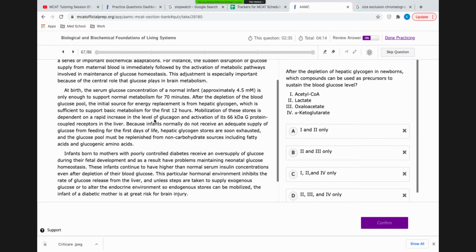Maybe alpha ketoglutarate, oxaloacetate. I'm pretty sure oxaloacetate is used. Maybe acetyl CoA, but that's already part of the Krebs cycle, so it wouldn't help to sustain blood glucose levels. Oh wait, but it's gluconeogenesis. Depletion of hepatic glycogen in newborns can be used as precursors to make glucose.